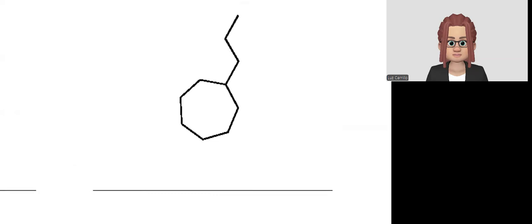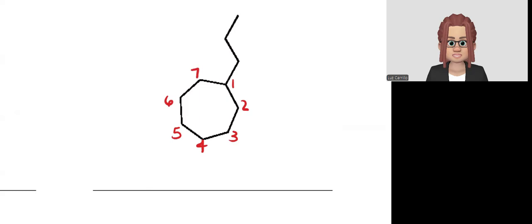Take a moment and determine the name of this structure. The number of carbons in this geometric structure is 1, 2, 3, 4, 5, 6, 7.